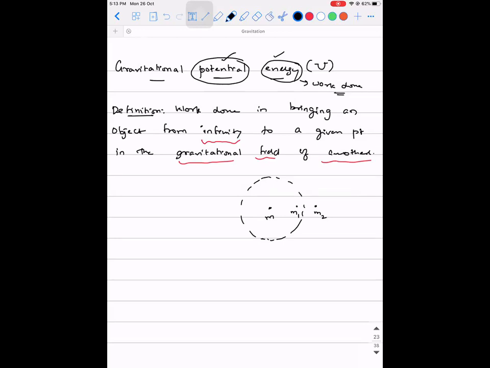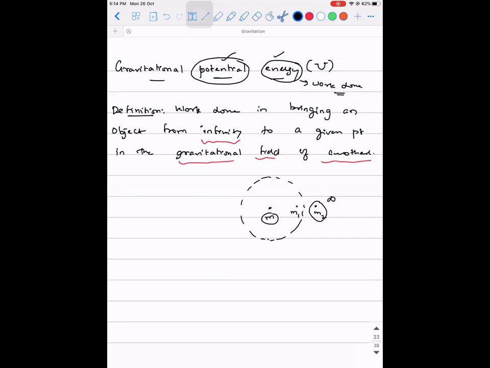M1 will experience force because M1 is within the gravitational field of M, whereas M2 will not experience force because it is outside the gravitational field of the mass M. So this M2 is said to be at infinity. Infinity with respect to the gravitational field means a point outside the gravitational field. It doesn't mean a far distance, so don't get confused looking at the word infinity.